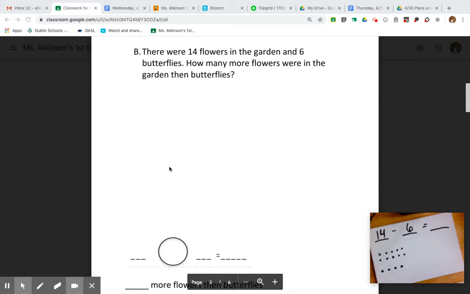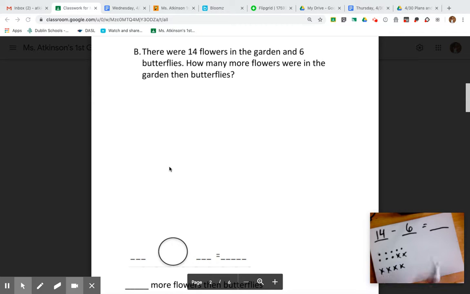Now I know that of these 14, 6 of them are butterflies. So let's see. Ready? 1, 2, 3, 4, 5, 6. So let's see how many we have left. 5, 6, 7, 8.